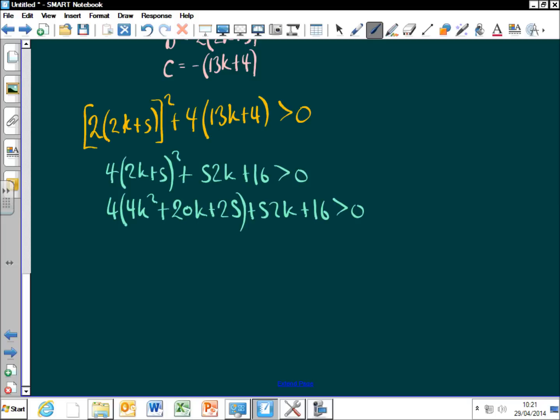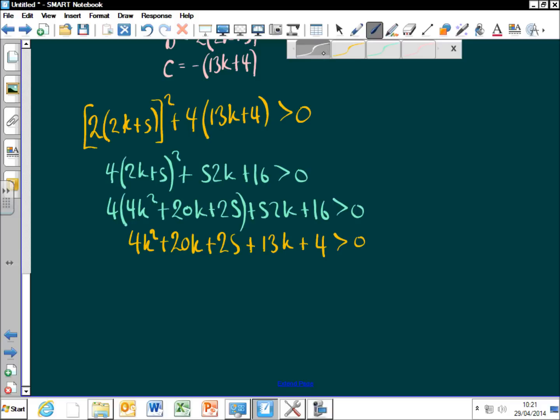Okay, at this point I can divide everything through by 4, which is going to save me a bit of time, so it gets rid of the 4 in front of there. This divided by 4 is just 13, and this divided by 4 is just 4. Okay, and then put all this together.